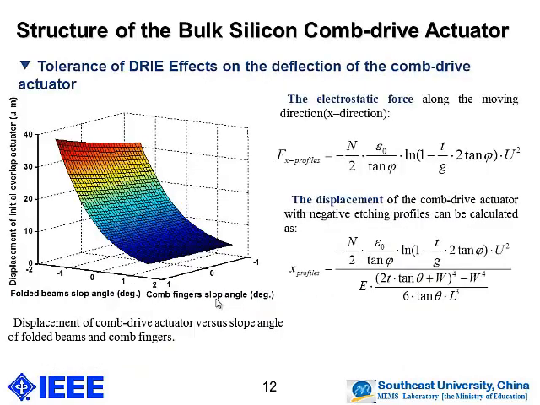This figure shows the displacement of the comb fingers in relationship with the single fingers with the sloping angles, and the electric force along the moving direction is shown in this equation, and the displacement of the comb fingers is shown in this.